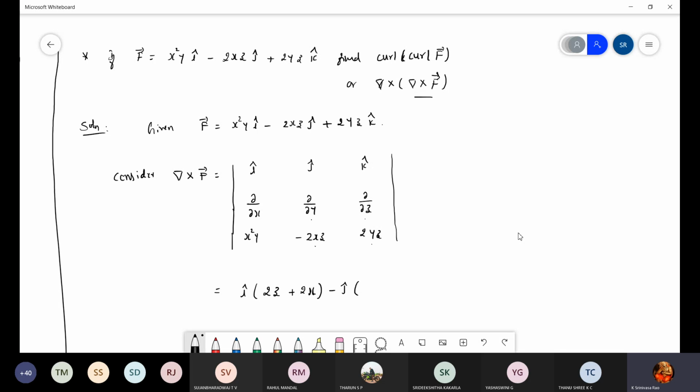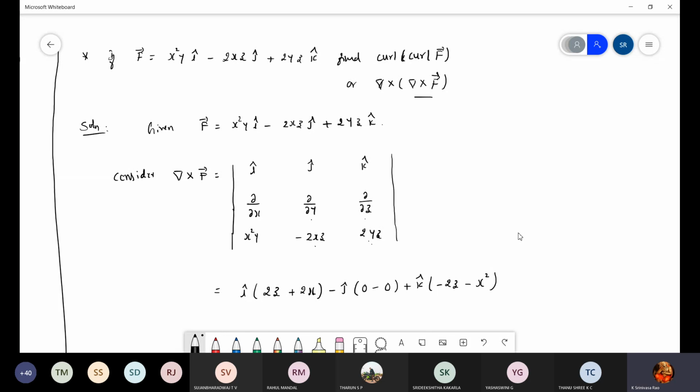Minus j cap into the remaining determinant, where you neglect the particular row and column. Dou by dou x of 2yz is 0, and dou by dou z of x square y is also 0, with minus because of the formula, and both are 0. Plus k cap into: partially with respect to x, differentiation of minus 2xz is minus 2z, and partially with respect to y, differentiation of x square y is x square.